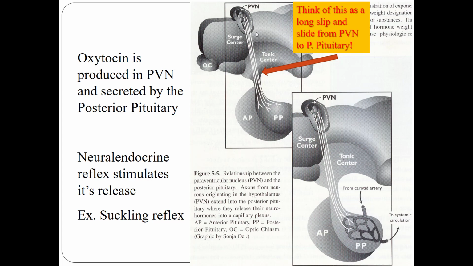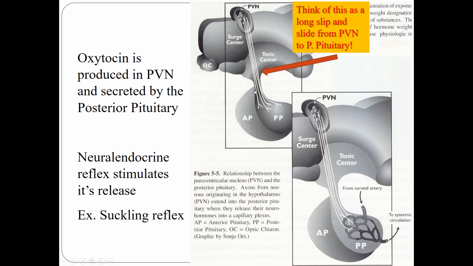And that is why we get such a greater and more immediate response with a hormone that is produced in the posterior pituitary, like the suckling reflexes, because the neuron here is actually sending its hormone directly into the posterior pituitary, whereas on the anterior pituitary side, GnRH has to be produced.